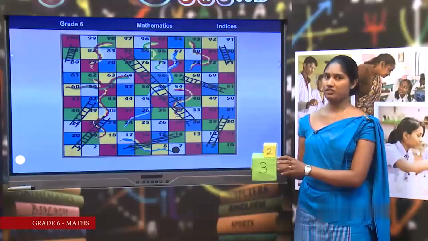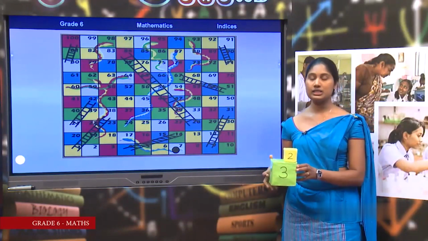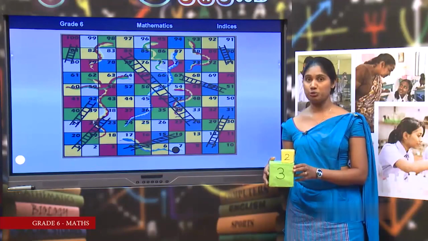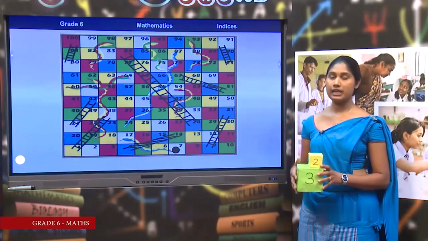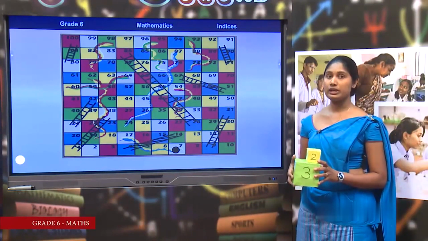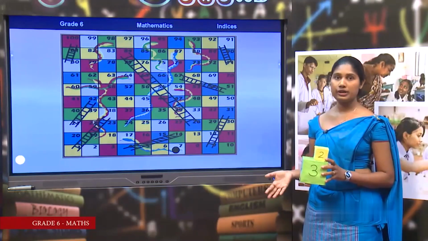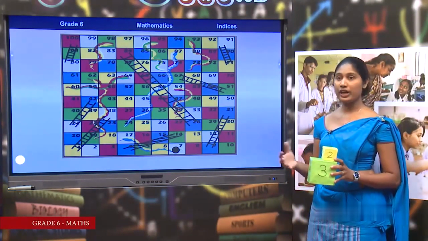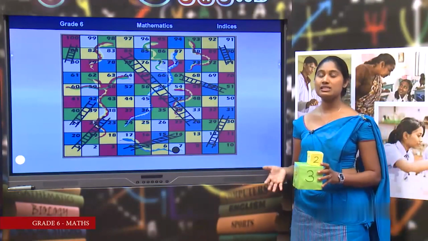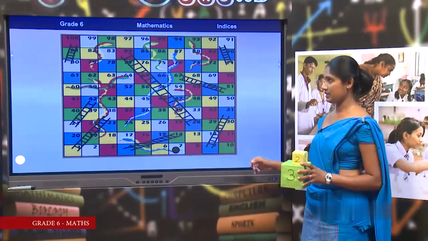Then what is the value here? 3 to the power 2 means 9. Then we can mark that 9. That means we have to move again from 7 towards here. Okay, my dear children, so you can do games like this, activities like this, using indices.